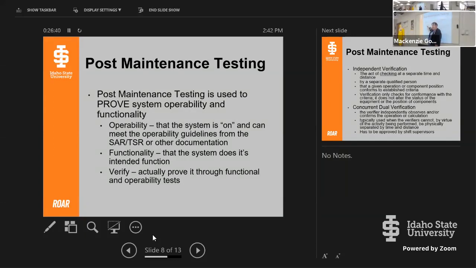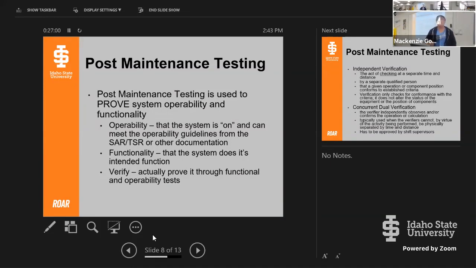Operability and functionality. These are the two things that we're concerned with proving, okay? Operability is essentially proving that the system is on and that it can meet whatever operability guidelines the SAR or TSR has, right?